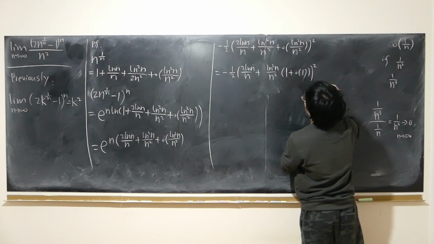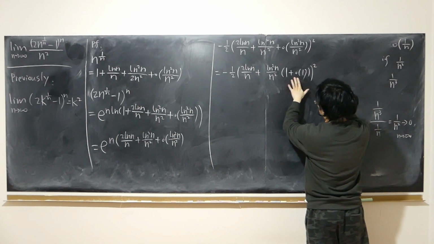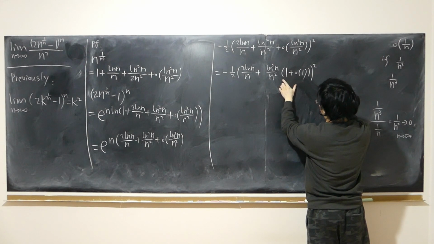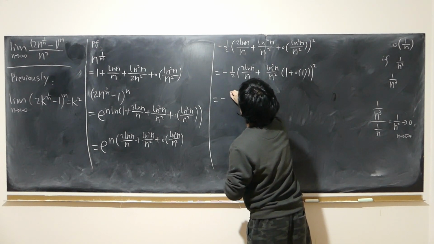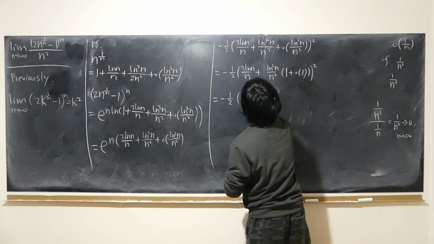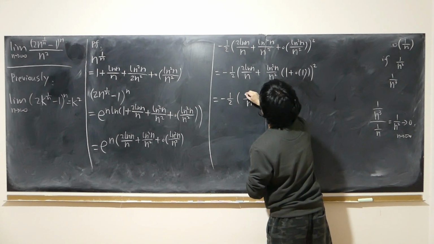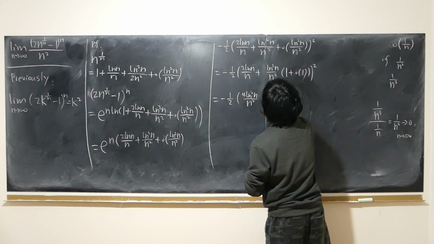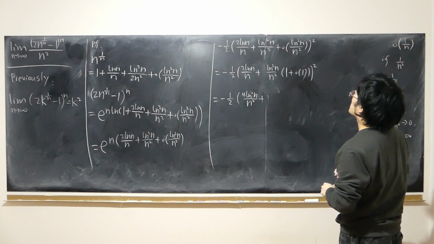So whole thing square, right? So 1 plus something approaching 0. So this bracket approaches 1. Right? Then we square the whole. So that is equal to minus half. This thing square. N square 4 log square. Right. Then what do we have?